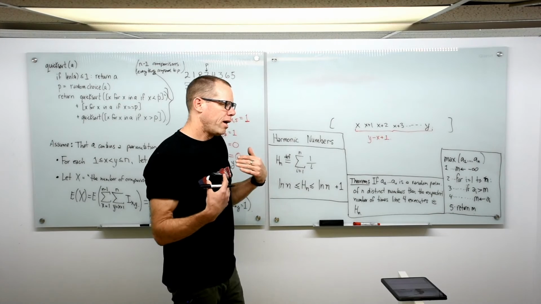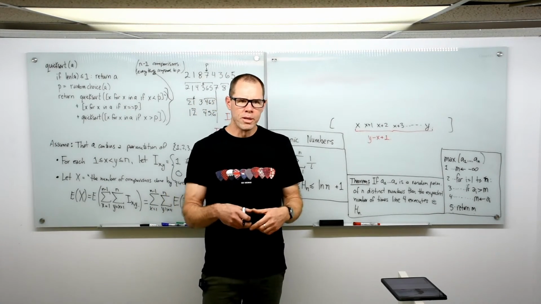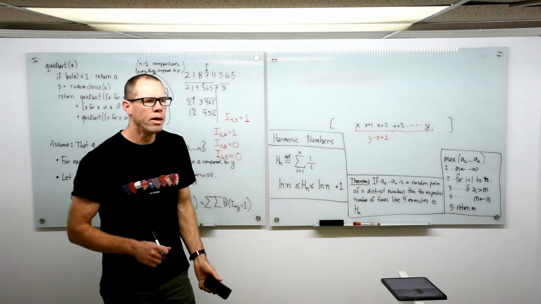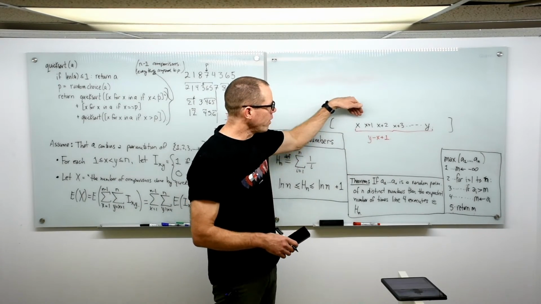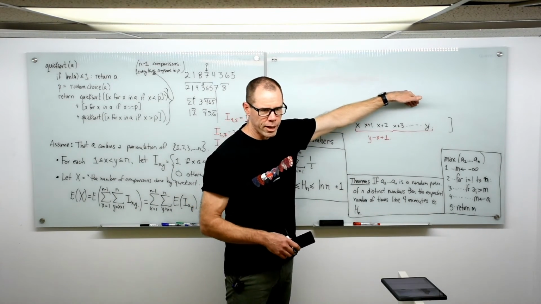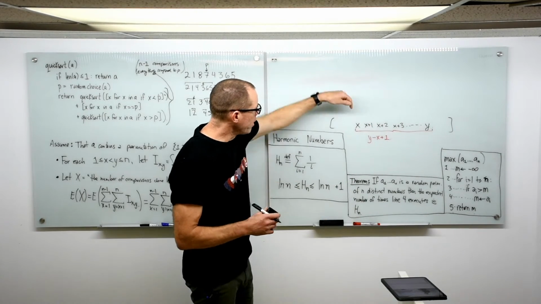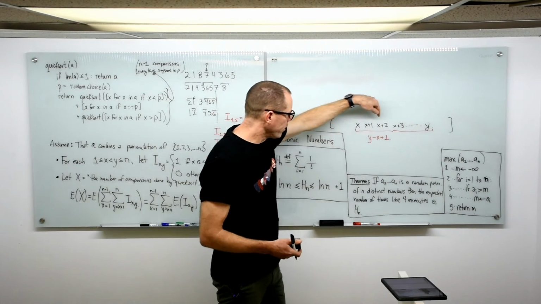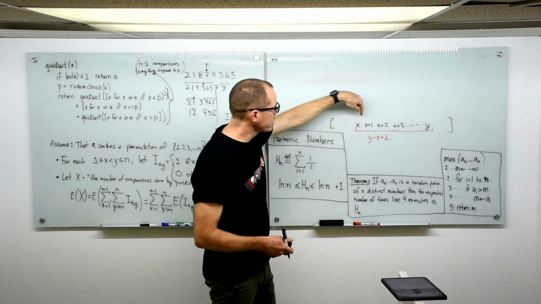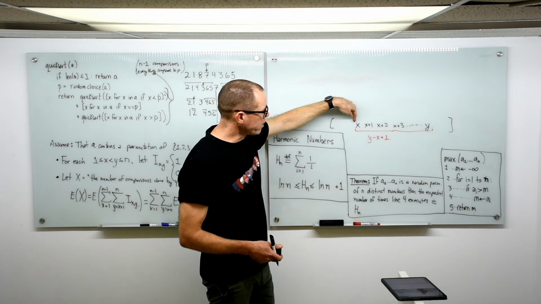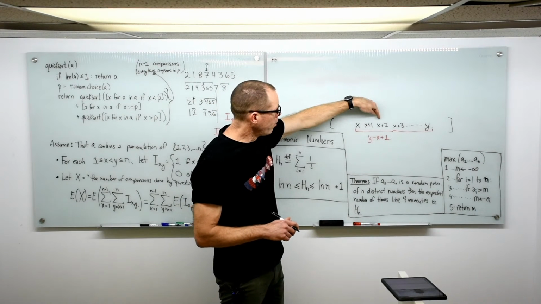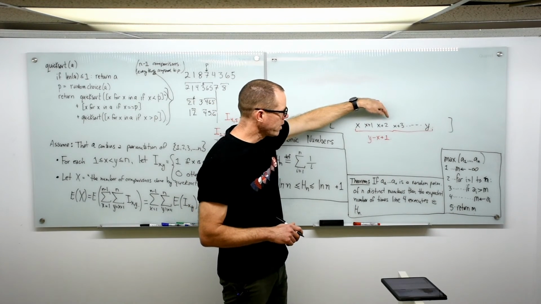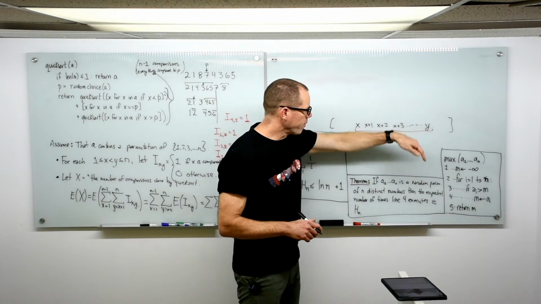If I take a random element from some set and I condition on the element being in a particular subset of that, then each of the things in that subset is equally likely. So the probability that the first pivot chosen from here is x is 1 over the size of this set. The probability that it's x plus 1 is 1 over the size of this set. Probability that it's x plus 2 is 1 over the size of this set, and so on.